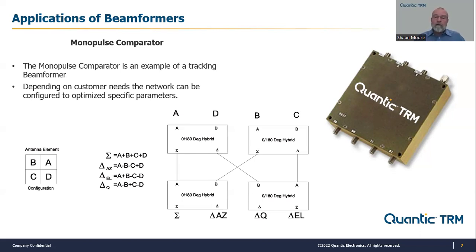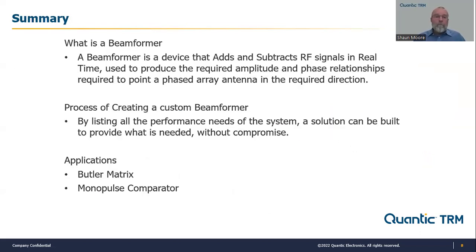Well, good information as usual, Shaun. Can you summarize? Sure. So basically, beamformers are devices that add and subtract RF signals in real time, and as a result, you can create unique phase tapers and amplitude tapers to manipulate energy coming in, to either add energy in one direction or subtract energy in one direction, to be able to optimize your signal in any one place.